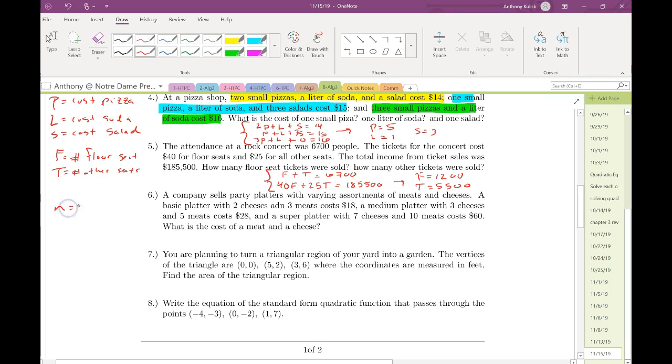So I'll use M for the cost for the meat and C for the cost of the cheese. If you read the problem, though, how many equations can I write? Yeah, there's 3 there, right? Well, let's write the 3 equations and we'll think about it some more.